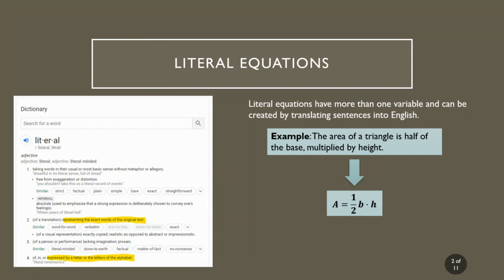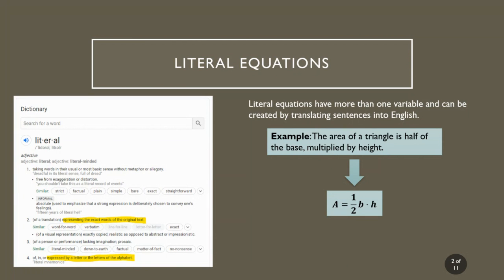So literal equations are equations where you have multiple variables. Instead of just solving for x, you might have 4, 5, 6 different variables. Because we have multiple letters, that matches the definition of literal, expressed by a letter or letters of the alphabet.